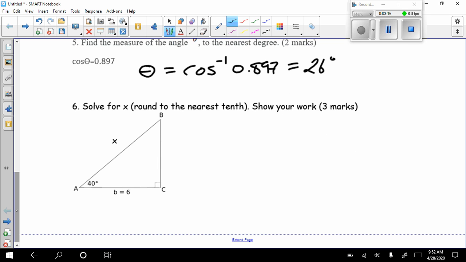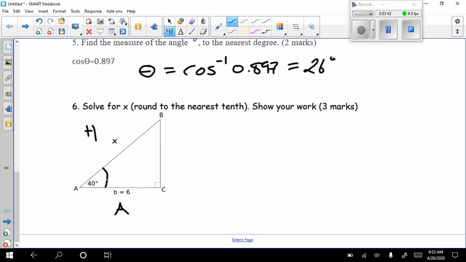Another right angle triangle. It says solve for x. Well, again, the problem with this one is we don't know the other side, so we can't use Pythagorean theorem. So we have to use one of our trig ratios. And so what we're going to do here is relative to the 40, we know that this side B here is the adjacent, and we know relative to the 40 that side C is the hypotenuse.